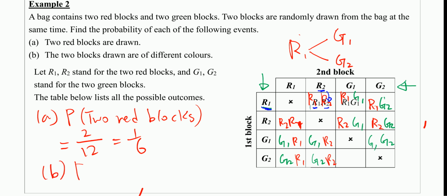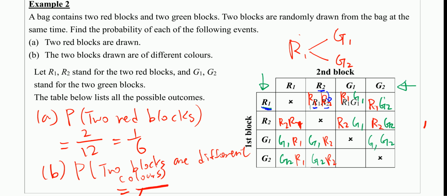And for part B, you can write that there are different colors. Okay, and then you can just write down this time the value should be in here, except here for the G1, G2, and G2, G1.